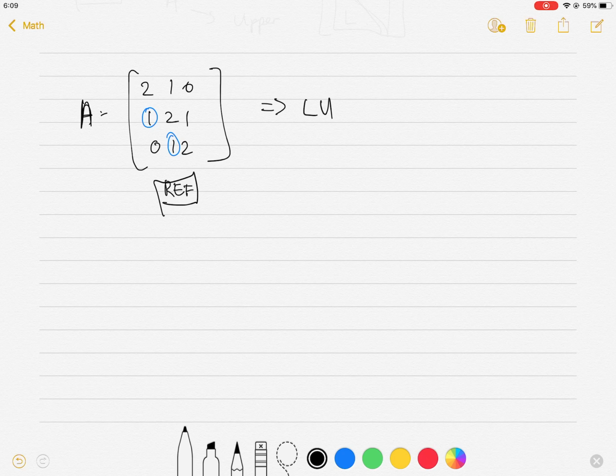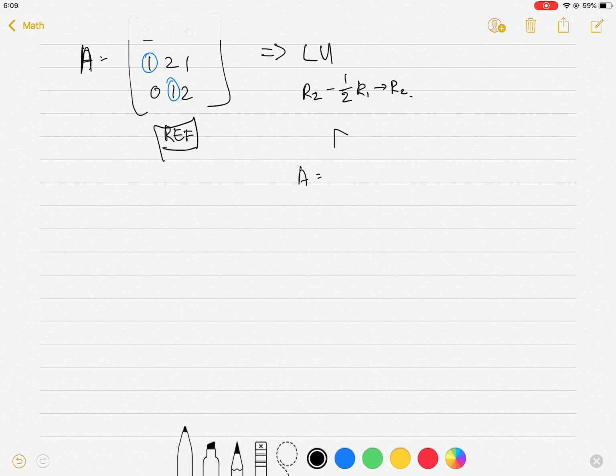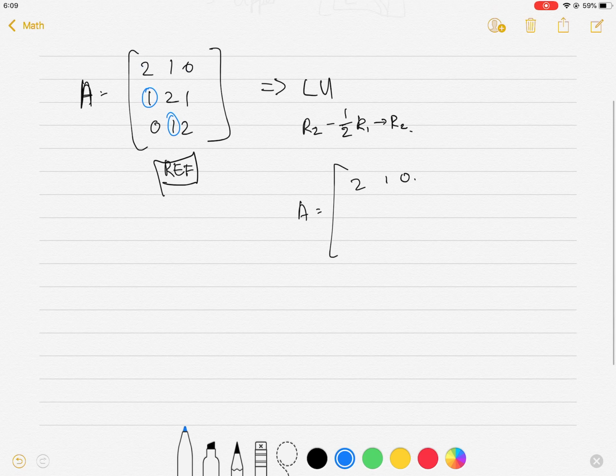So we would subtract from row 2 1/2 times row 1. So we would get A: 2, 1, 0. This would be 0 normally, but since we're preserving the multiplier, and this is the multiplier right here, without the negative, without the subtraction, we would save this here.